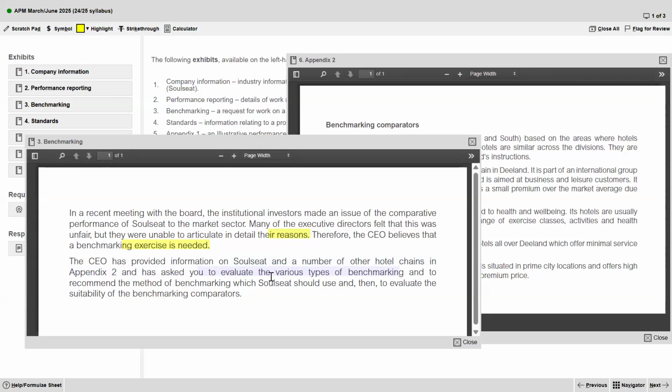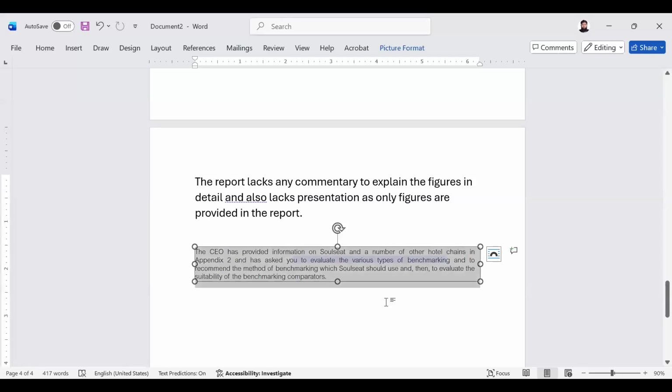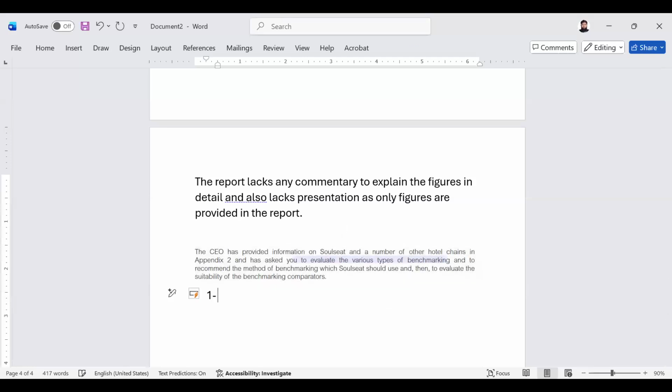Now you see, where do the students lose marks? They lose marks here. If I identify from this specific scenario the question's requirement, the examiner is actually asking you to do three things. Number one, evaluate the various types of benchmarking. Then recommend the method to be used.